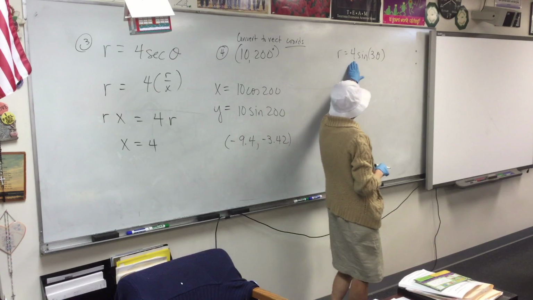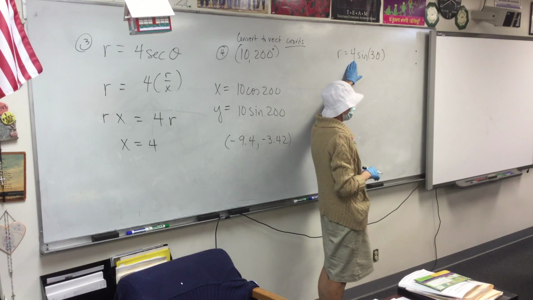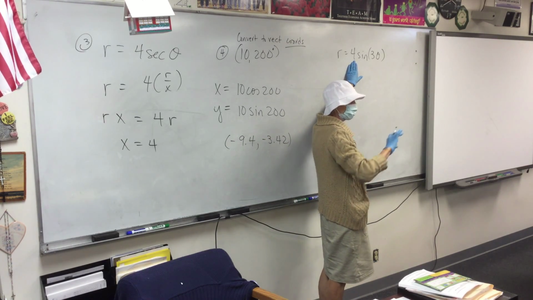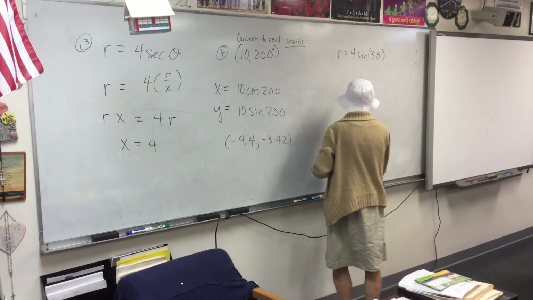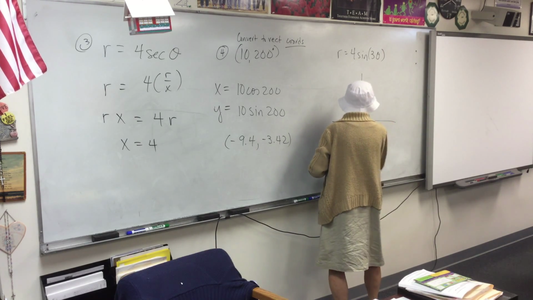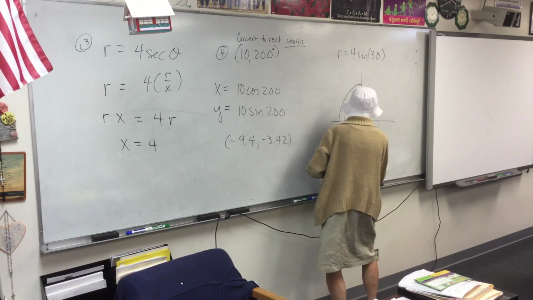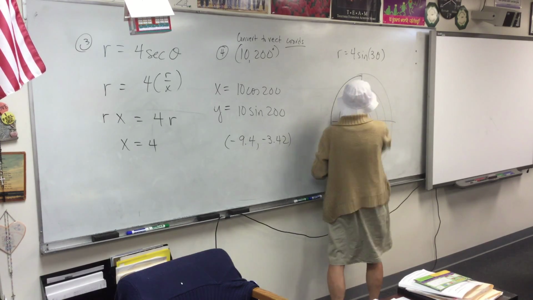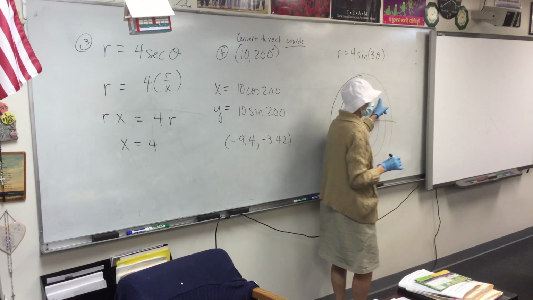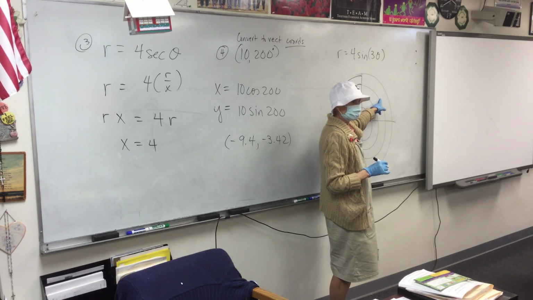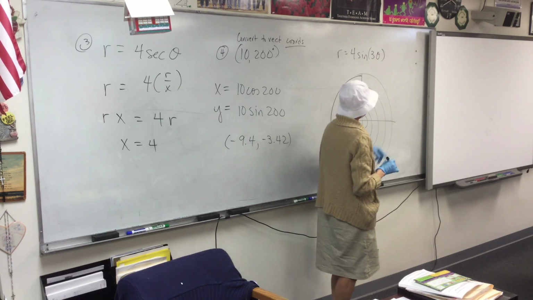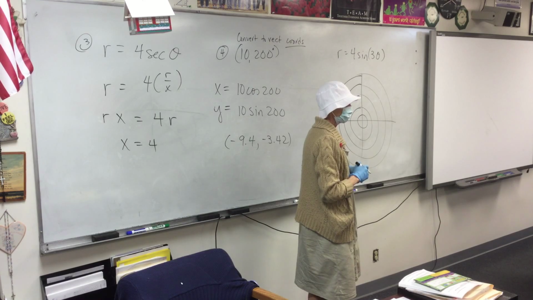Tell me about this rose. They're going to be 4 long, so when I draw it on my graph paper, the petals will come out to the 4th circle. Right? Now, how many of them will there be?